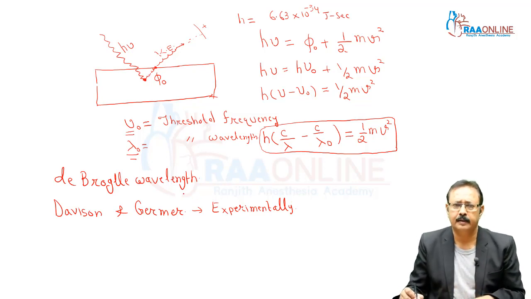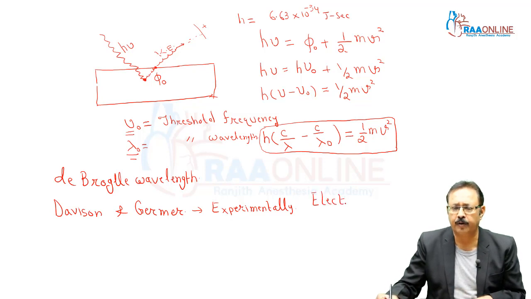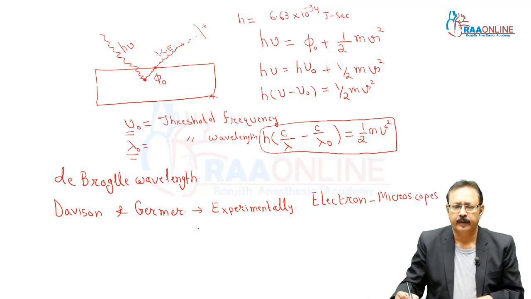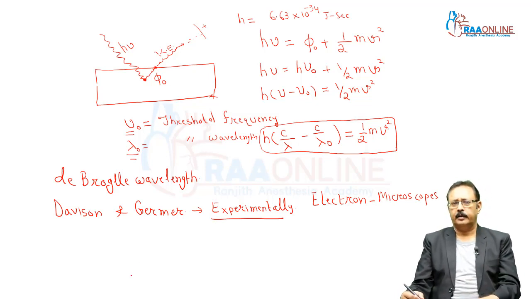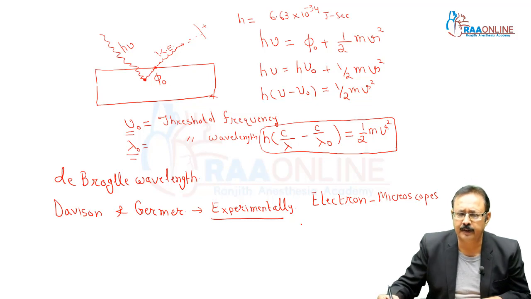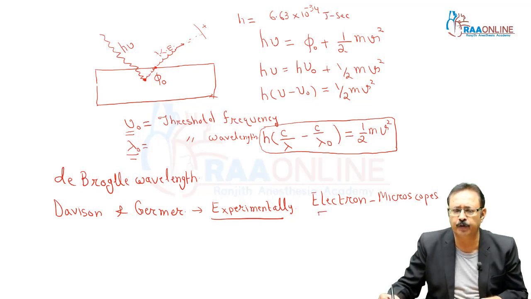And nowadays, this idea we are using in electron microscopes. He proved experimentally that fast moving electrons can be used as waves. He calculated the wave of fast moving electrons when he applied a 54 volt potential difference on them.